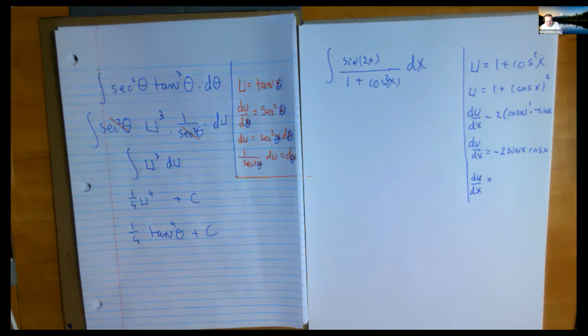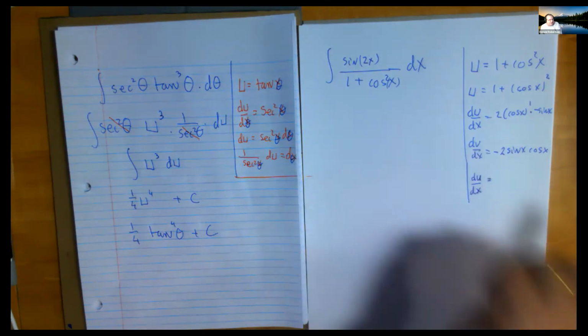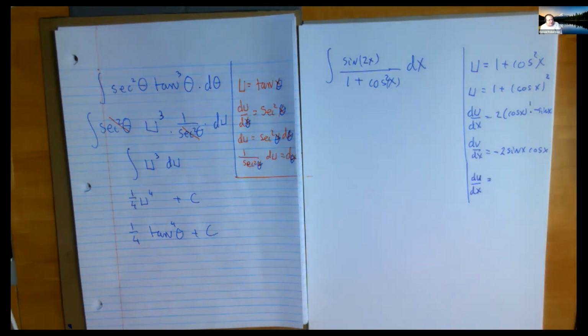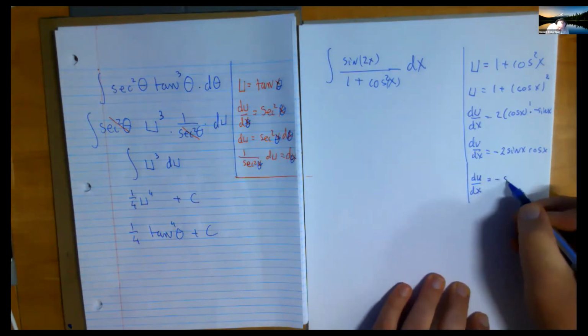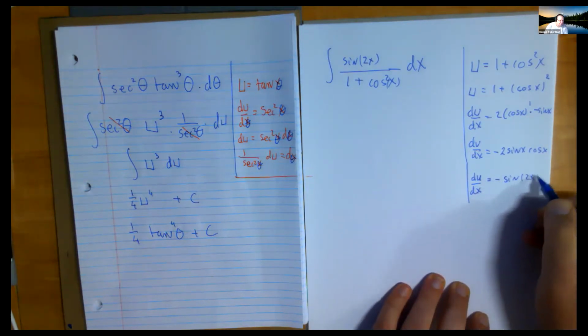Take out the negative, do you recognize 2 sine x cosine x? Trig identity, double angle. What is 2 sine x cosine x equal to? Sine 2x. So I'll just stick a negative in front of that. You happy about why the negative's there?